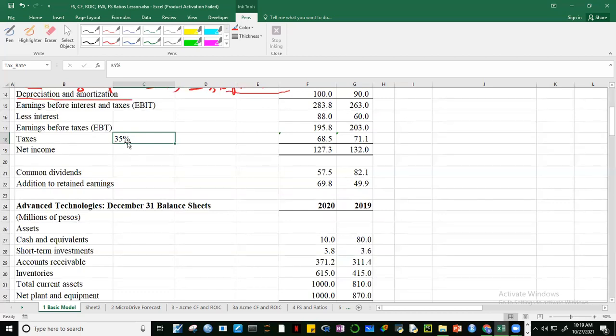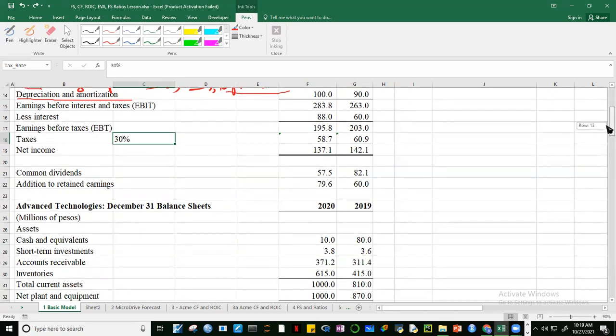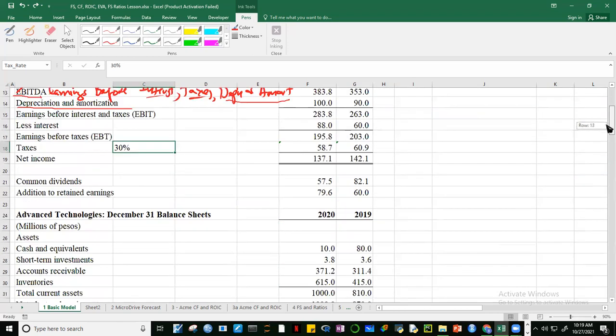So that's the advantage. Any change in that absolute will change everything in your model. Those cells where you use that specific name will also change accordingly.